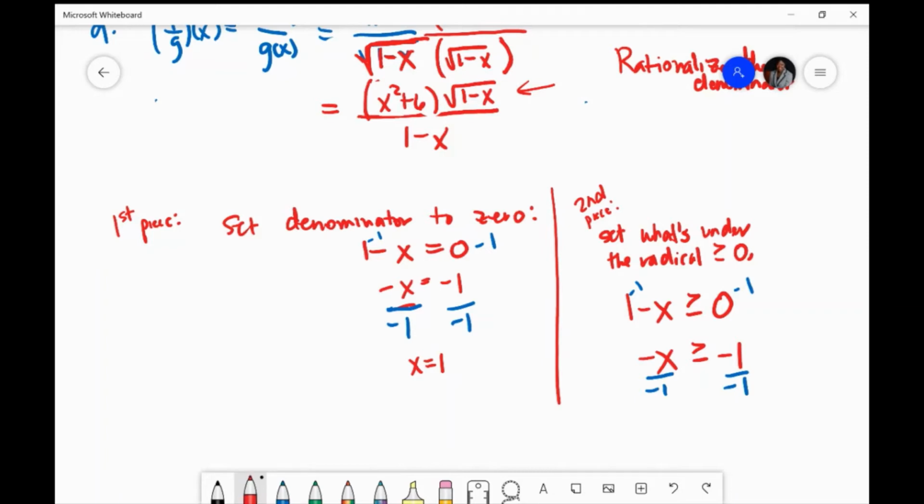What ends up happening now? The sign don't change. Okay. So Alicia, tell me what would you write down now? Since it's negative, it's going to change to less than or equal to 1.